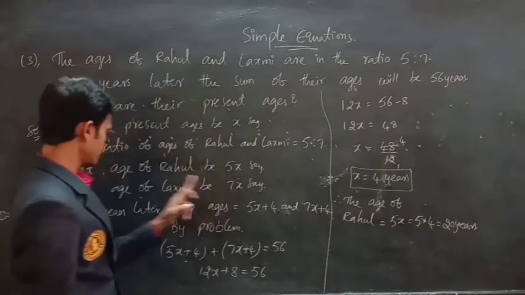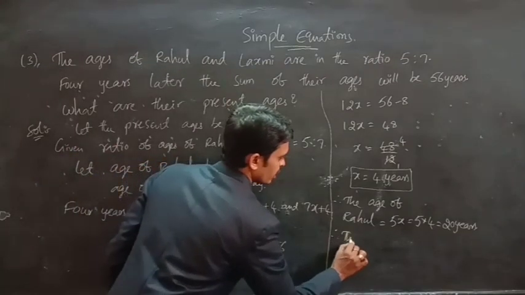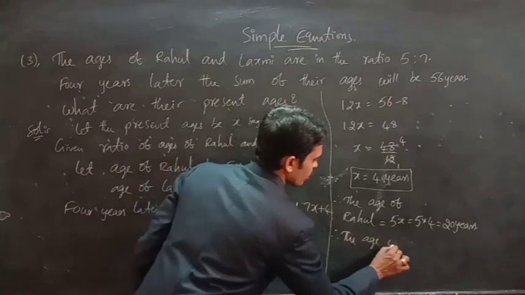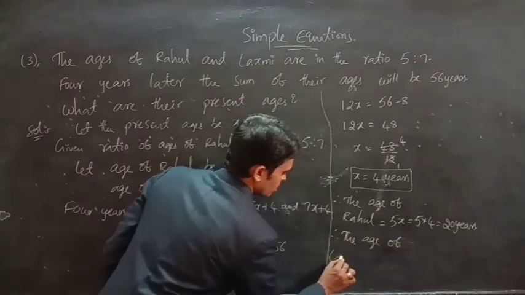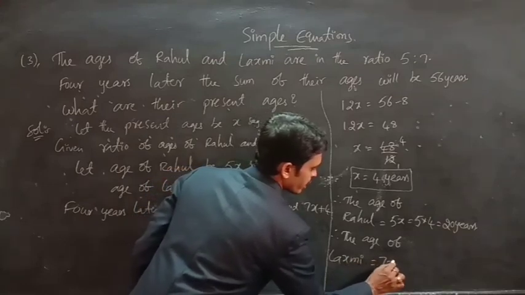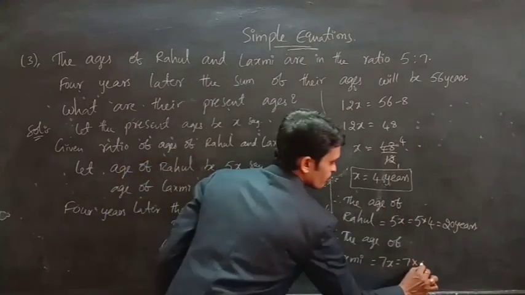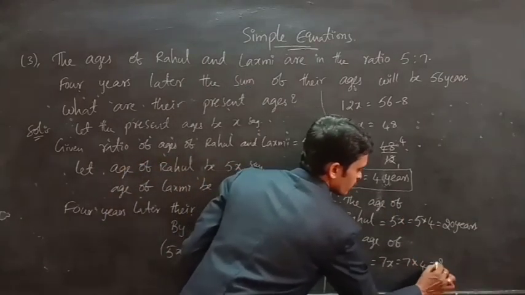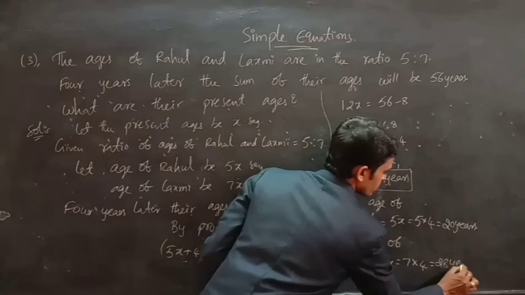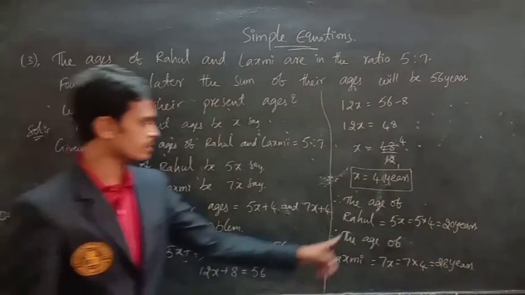Next, second is the age of Lakshmi. Therefore the age of Lakshmi is 7x, nothing but 7 into the x value, which is 4. 7 4s are 28 years.